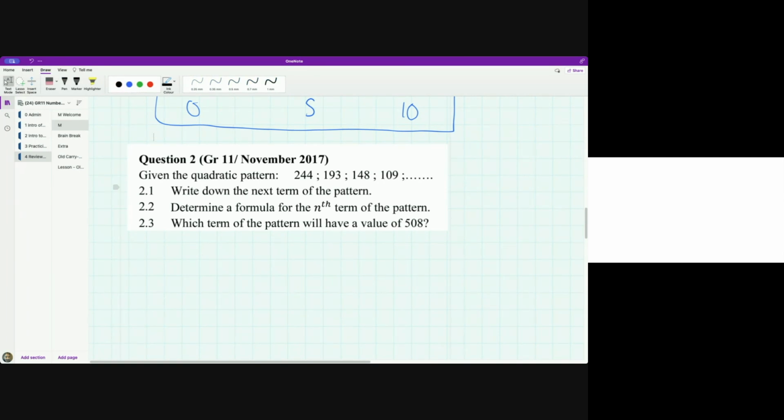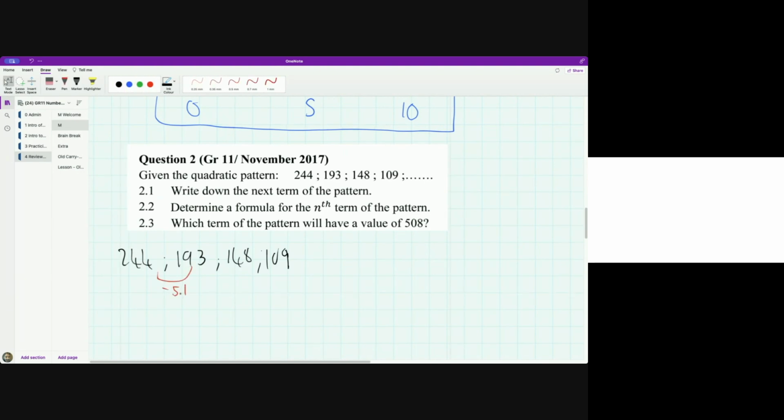Okay, now I think I need to get my calculator out here to figure out what the difference is. 193 minus 244. So the first step that I'm going to do it separately so I can 193. So this was minus 51.